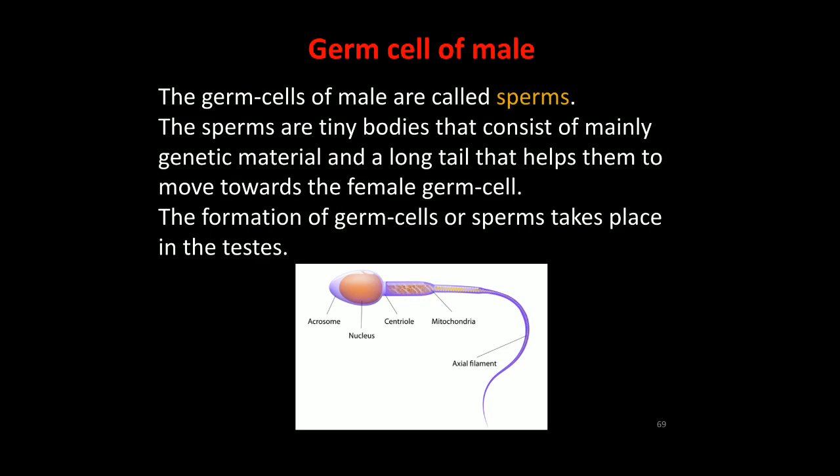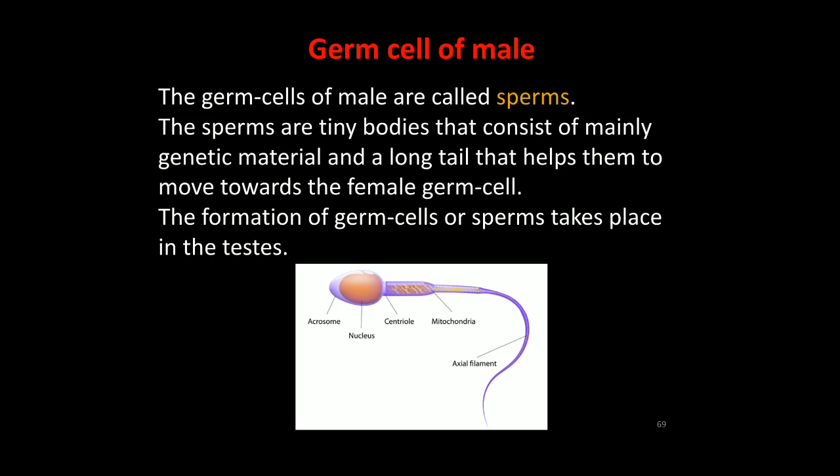These are all reproductive cells, called germ cells, gametes or reproductive cells. In plants, the male reproductive cell is called pollen grains. Whereas in humans, the germ cells of males are called sperms. Sperms are the reproductive cells of males.